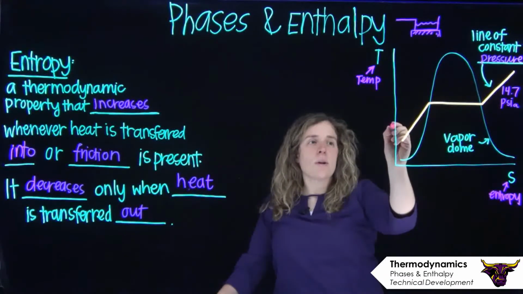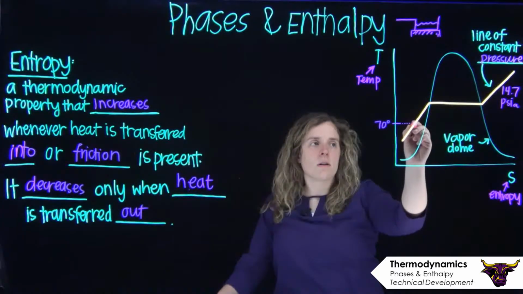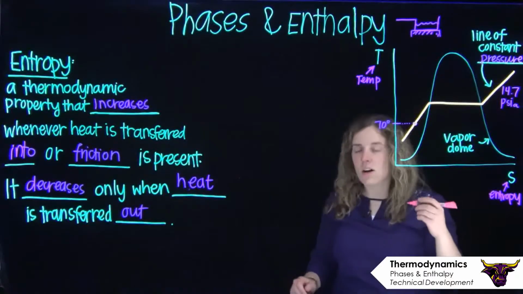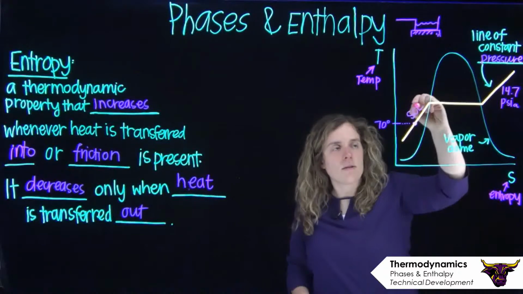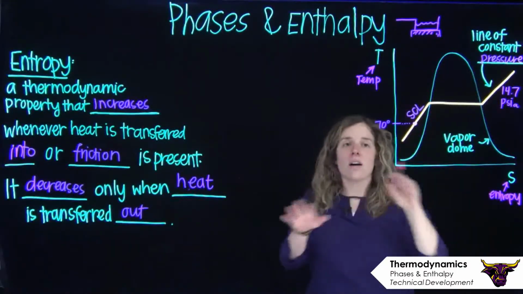But let's say that we are at maybe 70 degrees. If we come across here and draw this dot, we are going to be in a phase called subcooled liquid. So I'm just going to put SCL. That's a subcooled liquid, so it is 100% liquid.